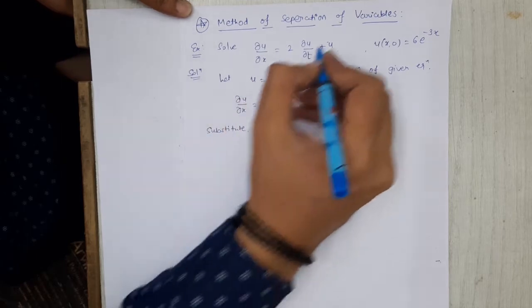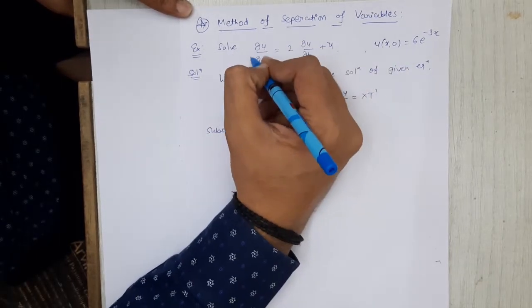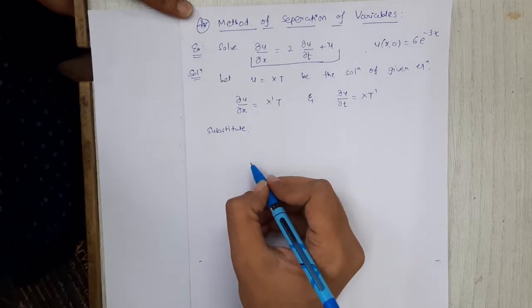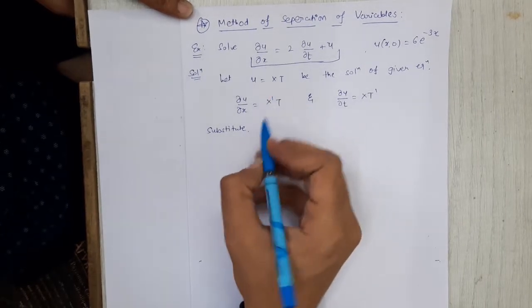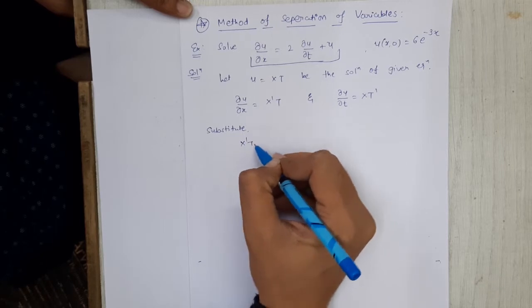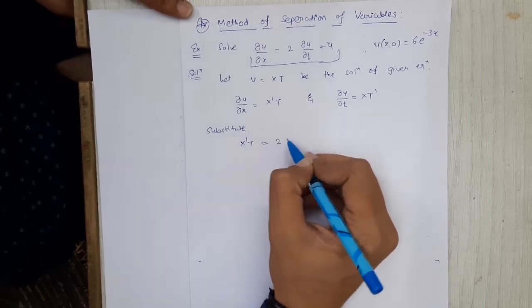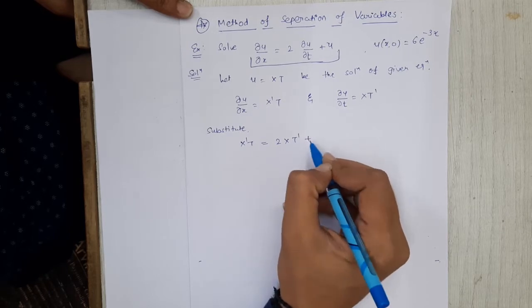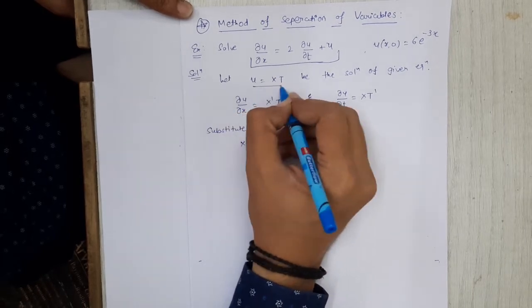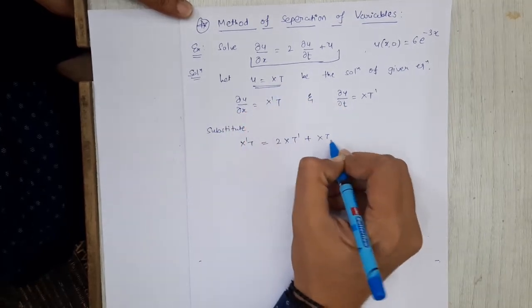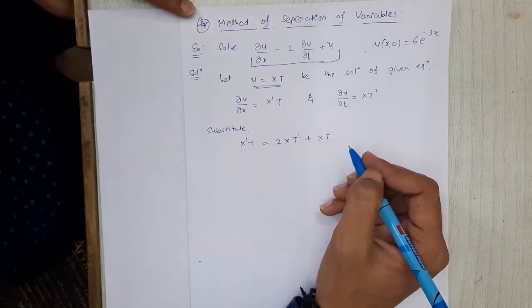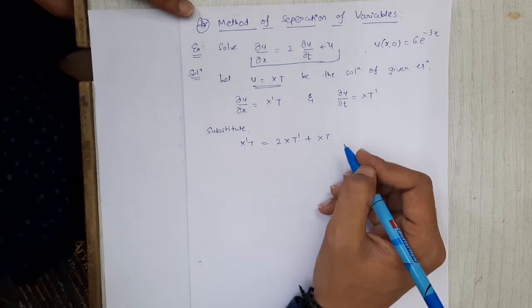Now substitute these values in the given equation, then we get that del u by del x, that is X' T, is equal to 2 times del u by del t, that is X T', plus u, that is X T. Now let us separate the variables by doing some simple calculation.